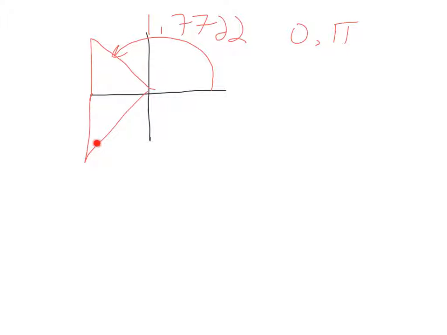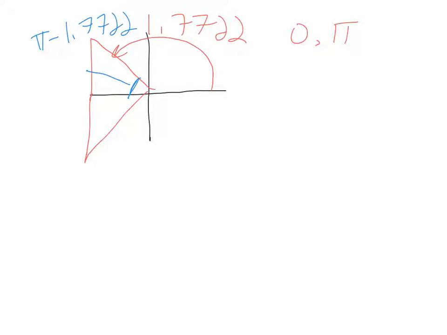But we also know this cosine's negative down here in quadrant 3. So in order to find that angle, we need to find that reference angle. And because this is in quadrant 2, we're going to do pi minus the 1.772, and that'll tell me that reference angle.